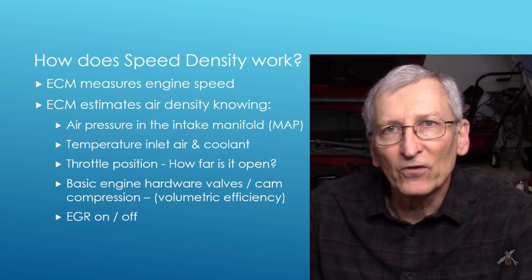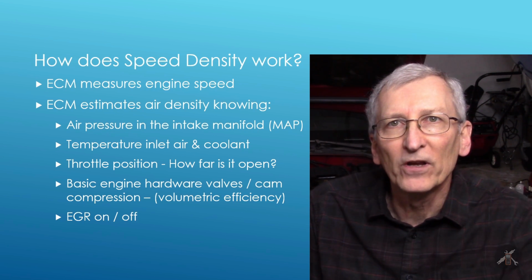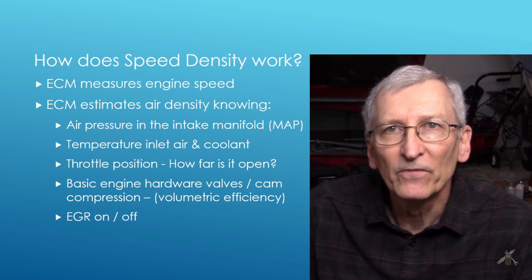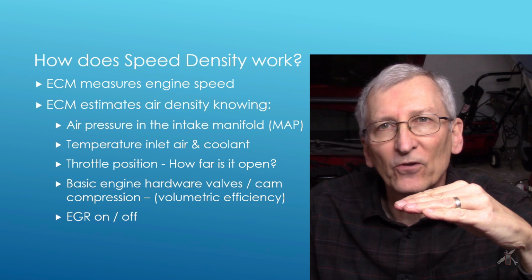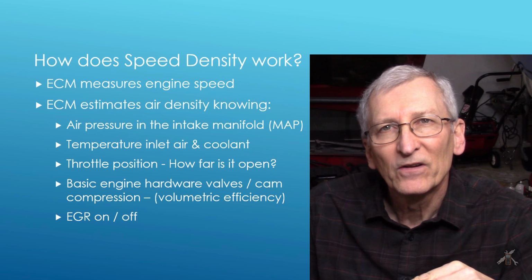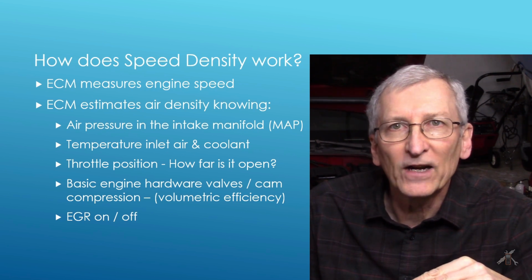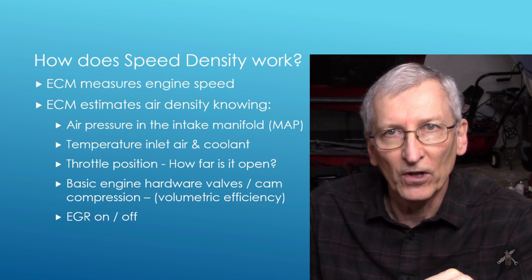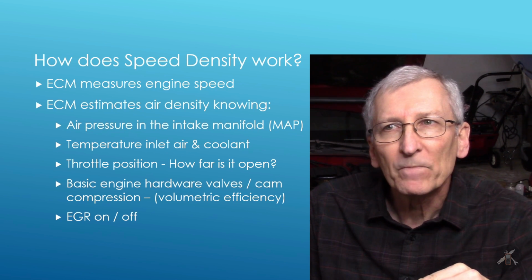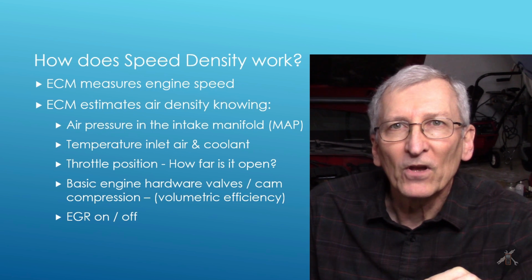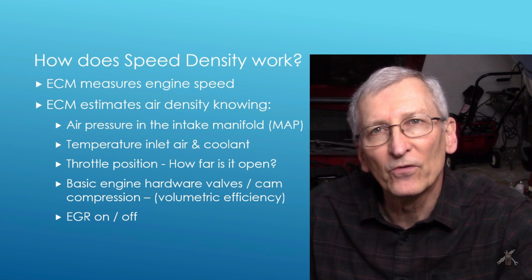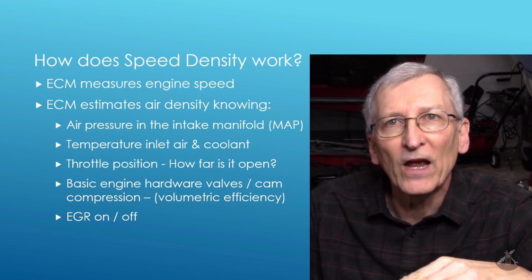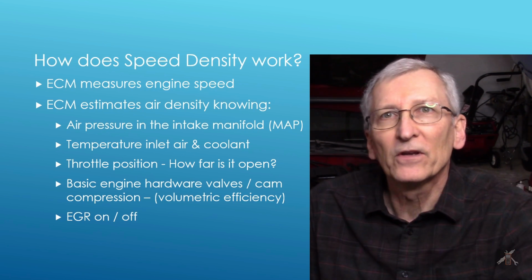Now, vacuum is just a different way of reading pressure, right? As the absolute pressure in the manifold goes down, like when the throttle's closed and you're idling, your manifold absolute pressure is low. That's a lot of vacuum. As you go to wide open throttle and you open that throttle up and more air comes in, then your manifold absolute pressure comes up, and there's less vacuum.